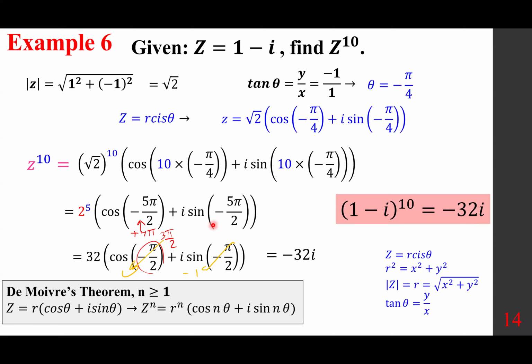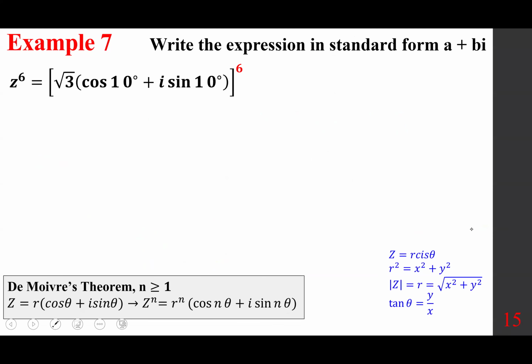So we took it to polar form, and we brought it back. Now I want to write this expression in standard form. z to the power of 6 is the square root of 3 times cosine of 10 degrees plus i sine of 10 degrees, all to the power of 6. And we are going to follow De Moivre's theorem.